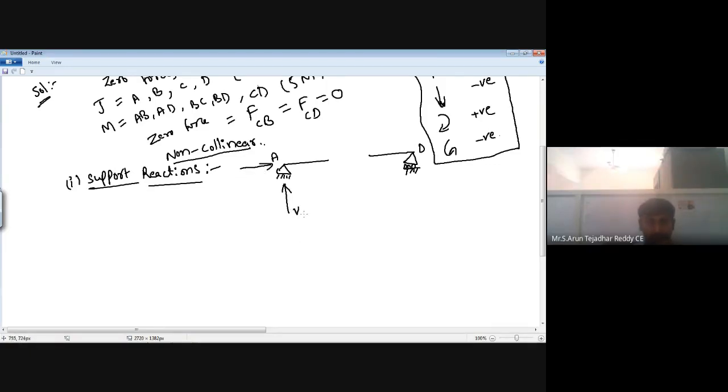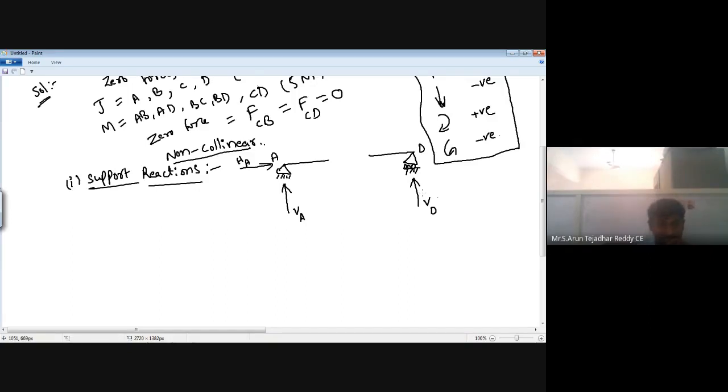Vertical we can indicate as VA, horizontal as HA. And at a roller support only one reaction, that is VD. All of you note down support reactions and beside draw these two figures. At joint A, hinge support, two reactions are acting, vertical and horizontal, and at joint D, it's only a roller support, one reaction is acting, that is VD.